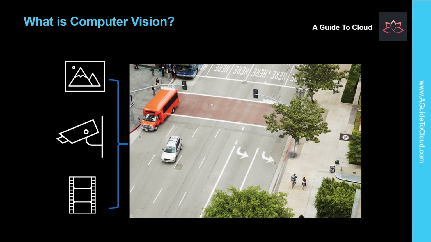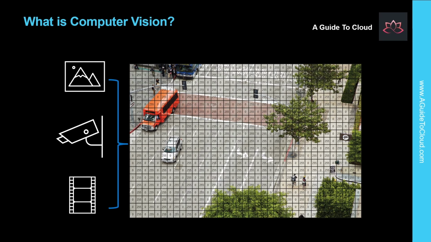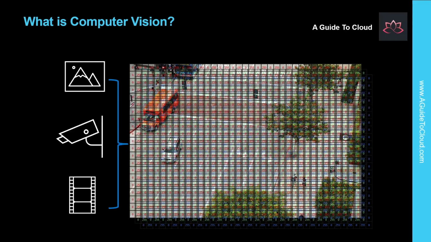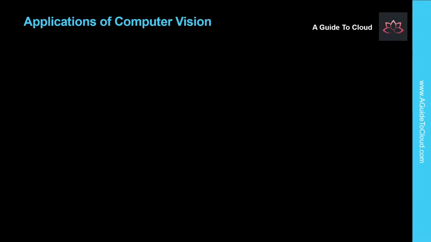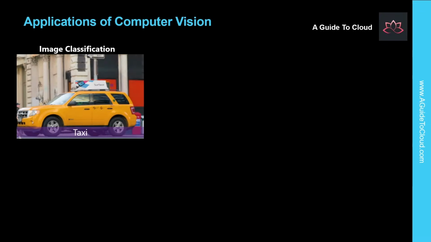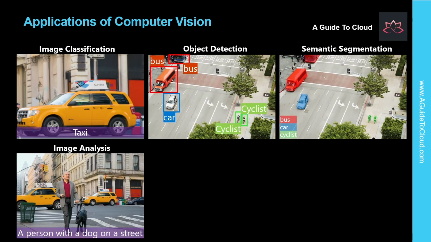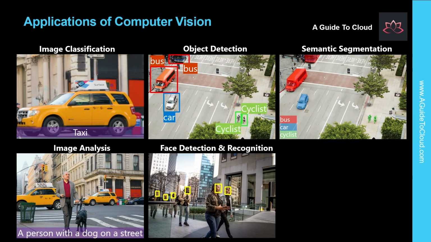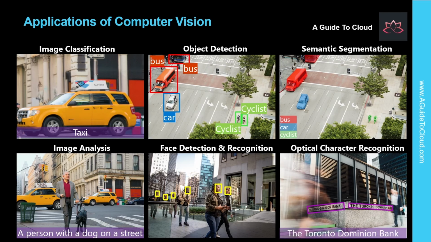To an AI application, an image is just an array of pixel values. These numeric values can be used as features to train machine learning models that can make predictions about the image and its contents. Most computer vision solutions are based on machine learning models that can be applied to visual input from cameras, videos, and images.